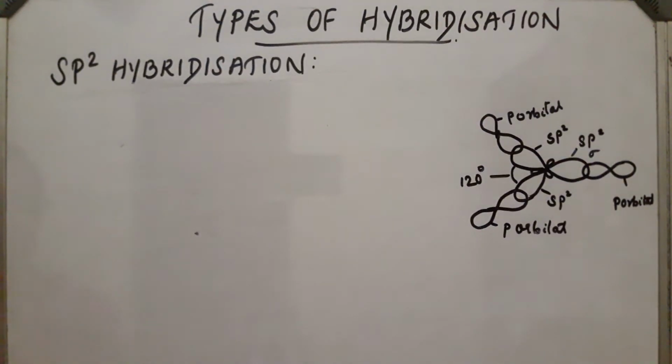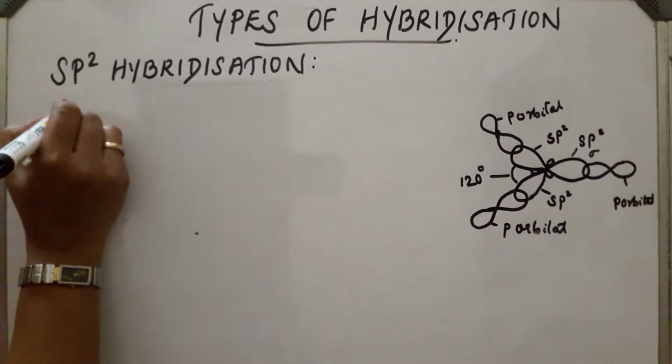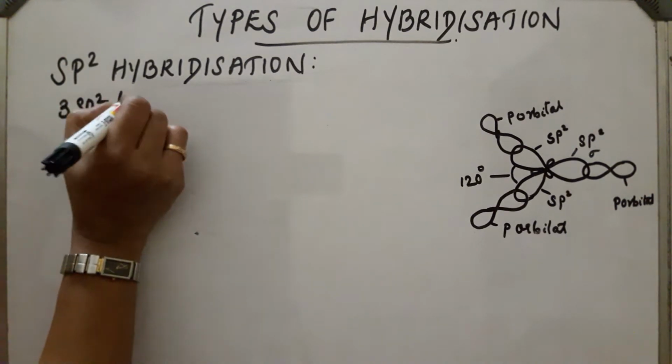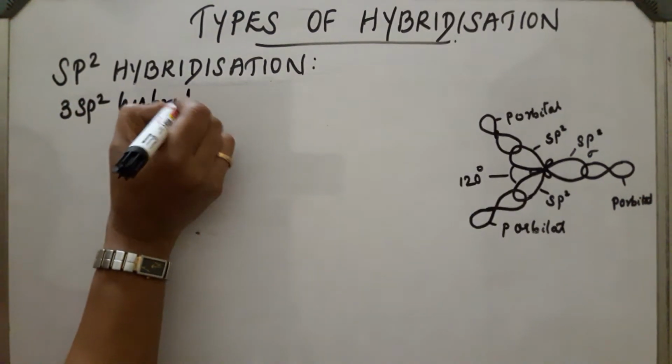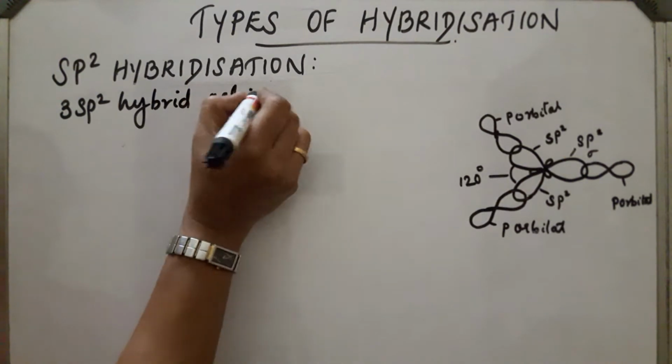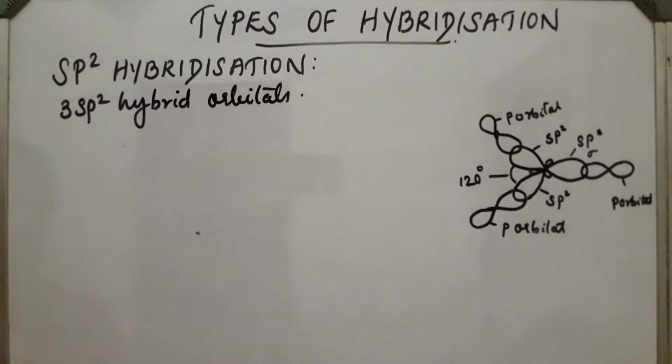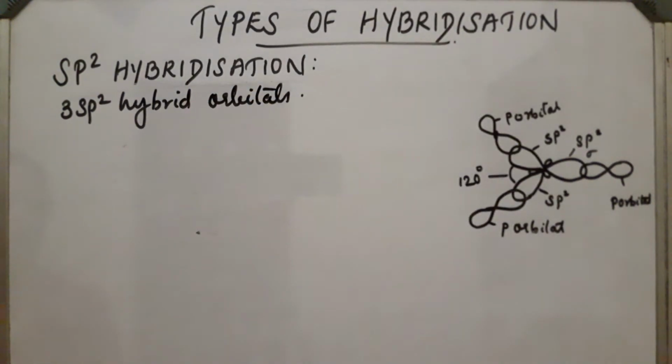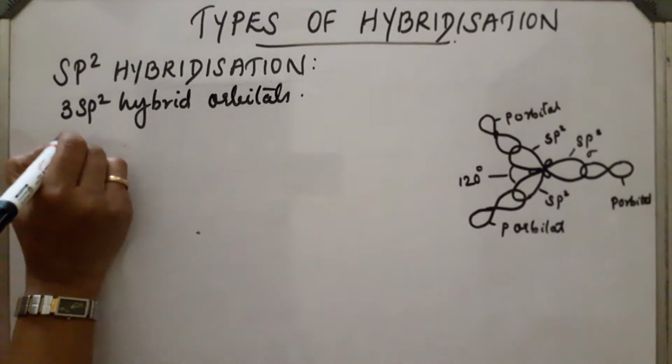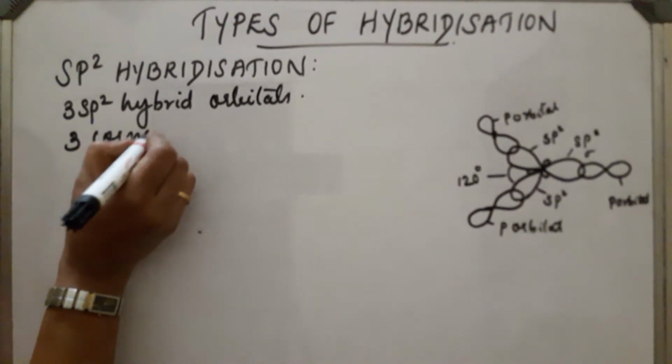Types of hybridization. The second type is sp2 hybridization. Here one 2s and two 2p orbitals hybridize and form three sp2 hybrid orbitals. These have equal energies and are oriented towards the three corners of an equilateral triangle.